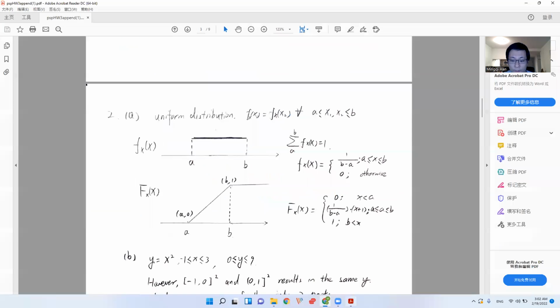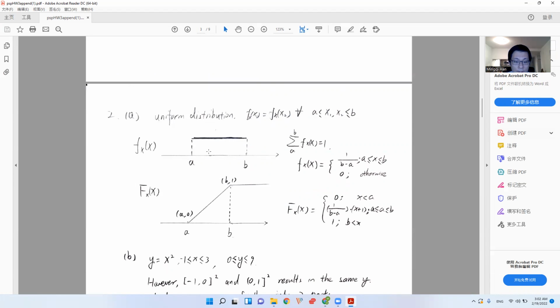Because it's a uniform distribution, it has a graphical shape like this. It's just from a to b everywhere has the same value. And this is the probability density function.